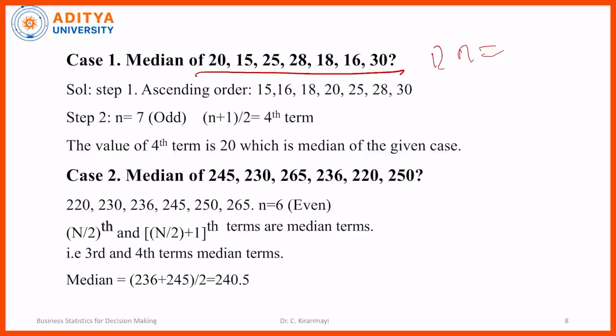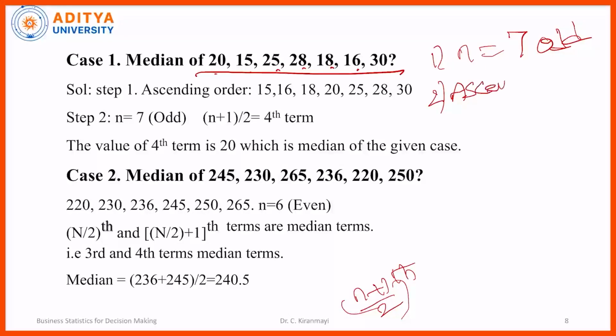So how many observations are there? 1, 2, 3, 4, 5, 6, 7. So it is odd. In case of odd numbers, the (n plus 1) by 2 term will be the median term.